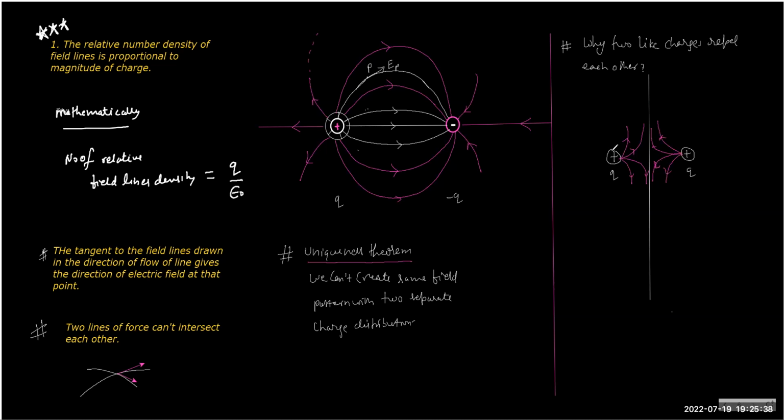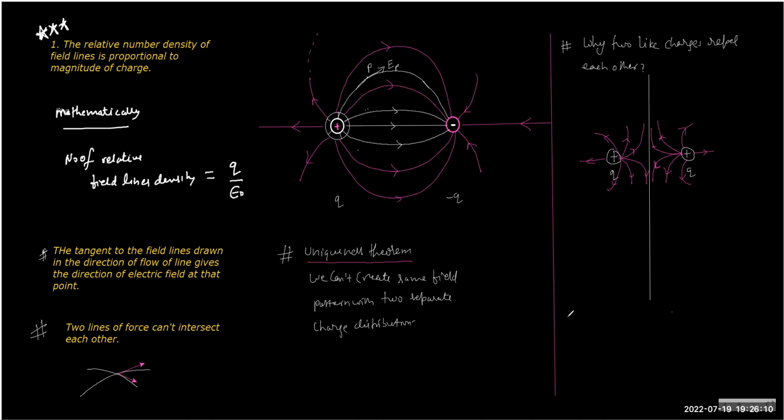To go forward, they need to repel each other. So we say that the lines of force will push themselves laterally, which results in the separation of charges. The lines of force are trying to move forward, but because they cannot intersect, they push themselves laterally to make space for themselves.